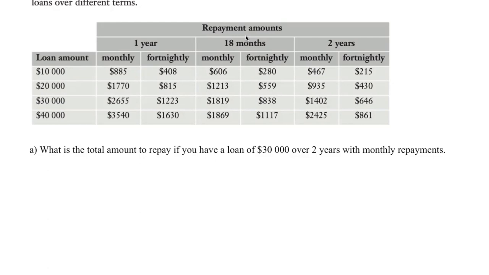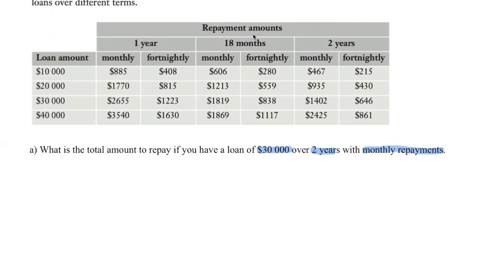Okay, and looking at different payment structures in terms of whether it'll be monthly or fortnightly. Okay, right. So a slightly different thing compared to what we did in the last question.